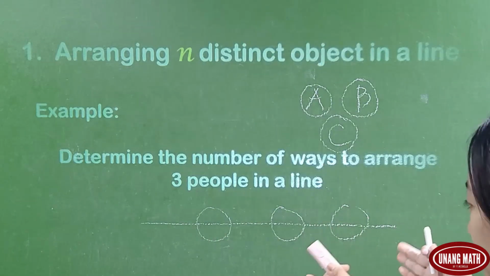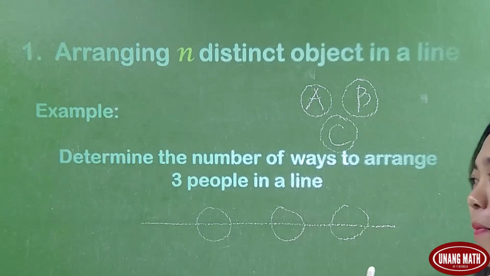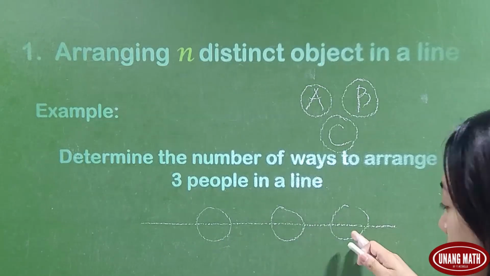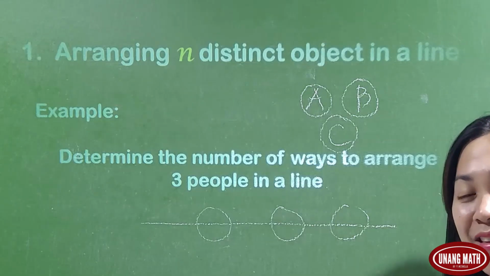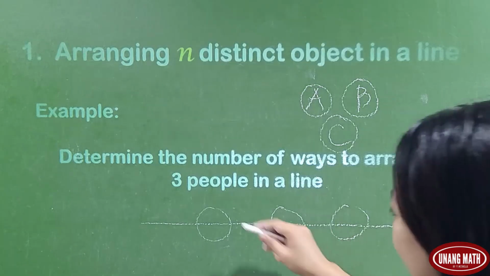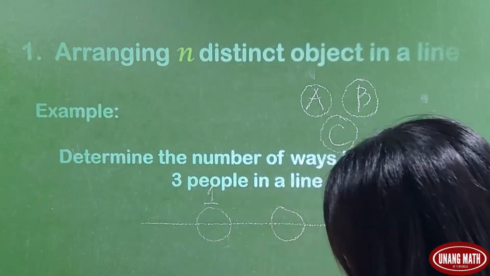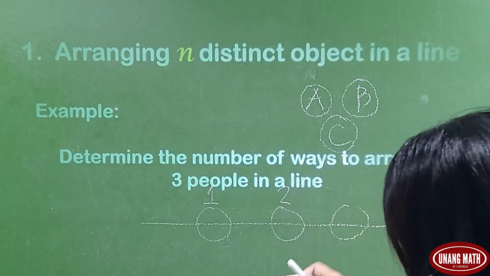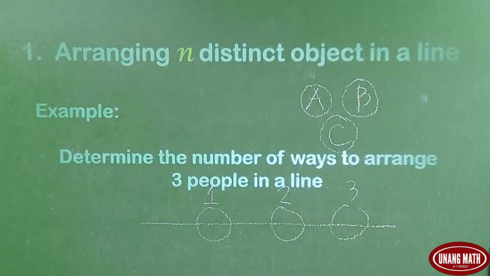For you to better understand this concept, imagine that these 3 people joined a racing competition. Let's say this is the first ranking, second ranking, third ranking.